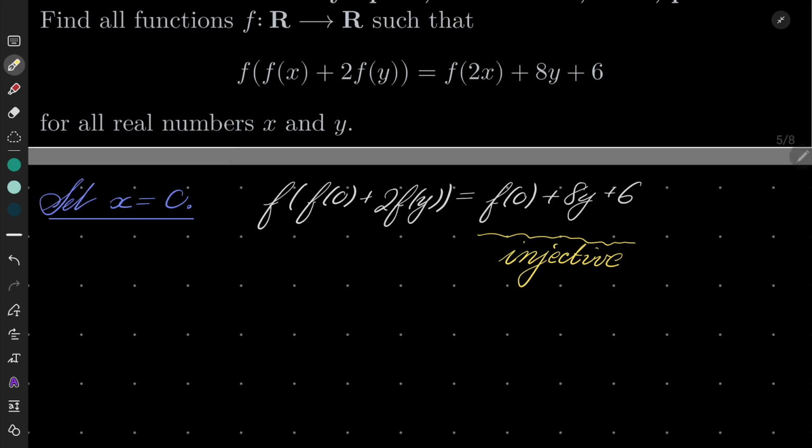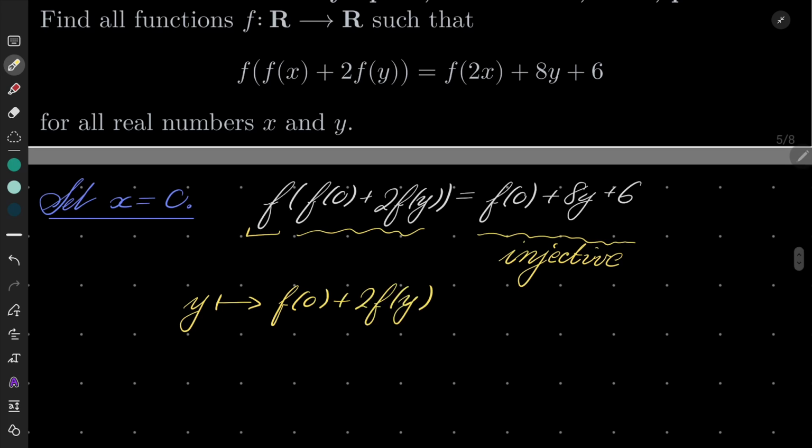But let's see, we have a composition of two functions. The outer function is f. The inner function maps y to f of 0 plus 2 times f of y. So this function must be injective as well.